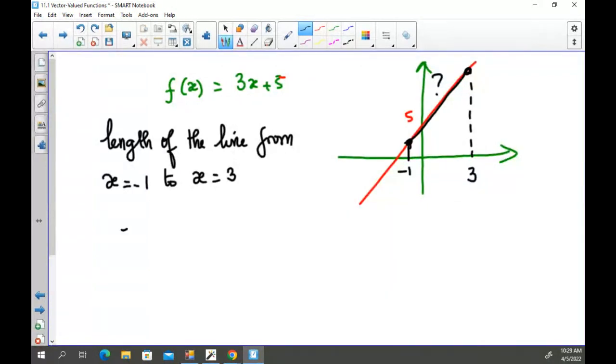Well, the formula says that the length will be the integral from minus 1 to 3 of the square root of 1 plus f dash. Can you see what the formula said? Let me go back a little bit.